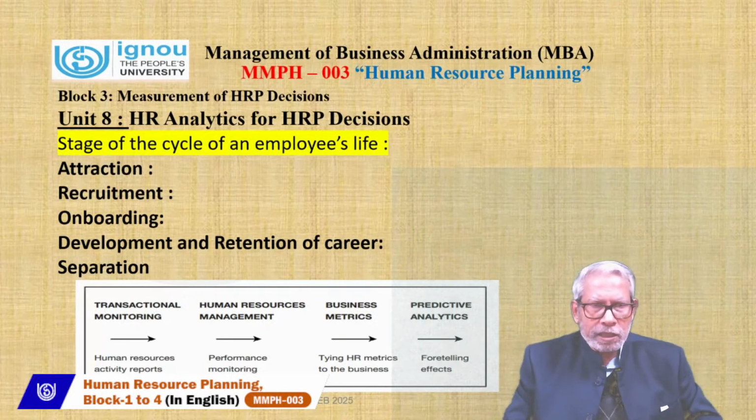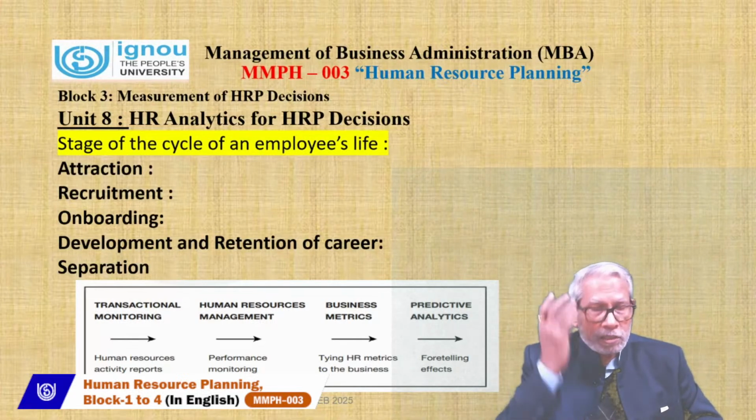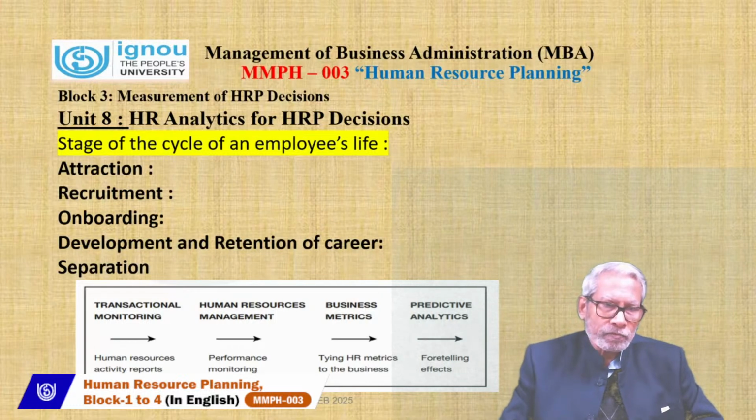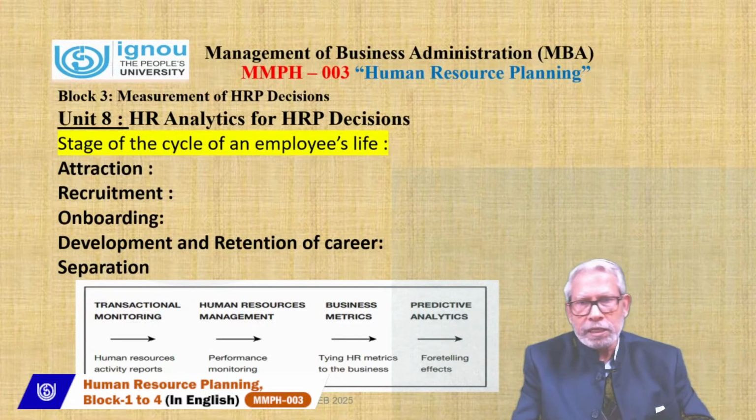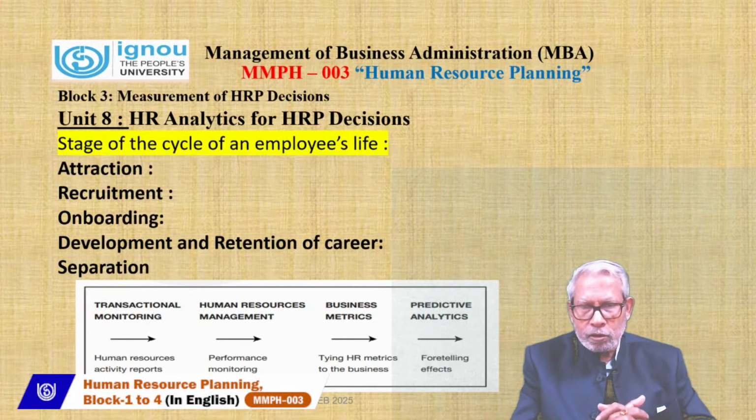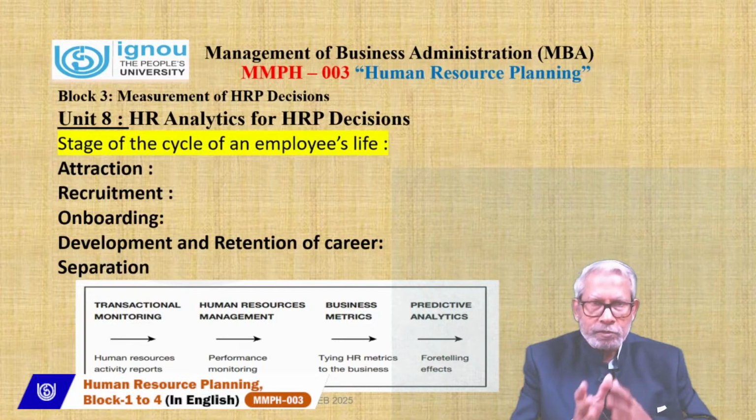So all these are the different stages of the employee life cycle. Then human resource activity report, performance monitoring, tying the HR practices to the business, and finally foretelling effects, that is, prediction purposes.